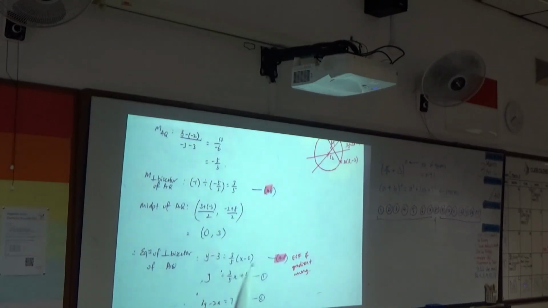This is an alternative way to solving the equation of the perpendicular bisector, but you can do your y equals mx plus c format. So the equation of the perpendicular bisector should come up to be y equals 3/5 x plus 3. I did award ECF if your gradient is wrong. This is probably the only part where I could actually give error carried forward, because for the rest of the questions, there were no error carried forward marks at all.